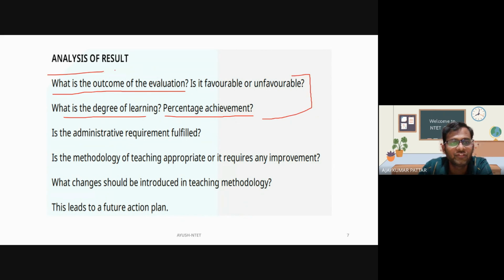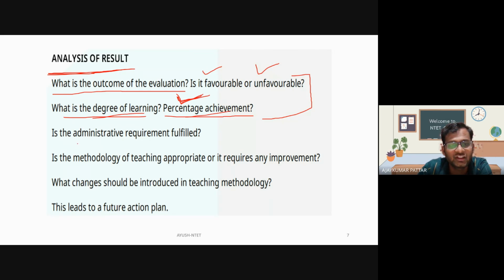So the result will be analyzed to see whether this particular teaching methodology is favorable for the students or unfavorable. How much percentage of students have learned? Whether all the students are not able to understand these methods or the subject, or 70% have learned and 30% have not. So we analyze the degree of learning and percentage of achievement.